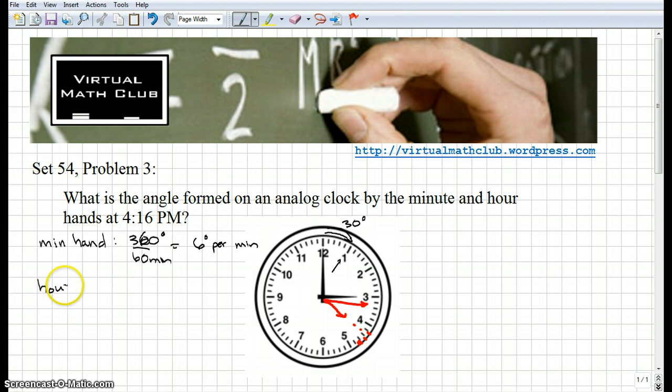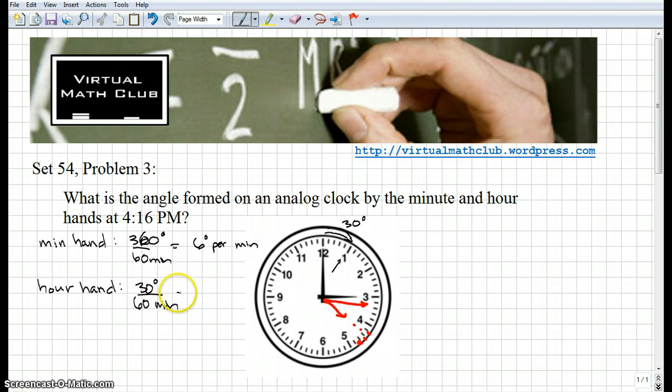Now the hour hand doesn't move as fast. For the hour hand, it just moves 30 degrees in an hour, right? In this case, at 4 o'clock, it's pointing straight at the 4, and at 5 o'clock, it's pointing straight at the 5. So if the angle between 4 and 5 is 30 degrees, then it's moving 30 degrees in 60 minutes.